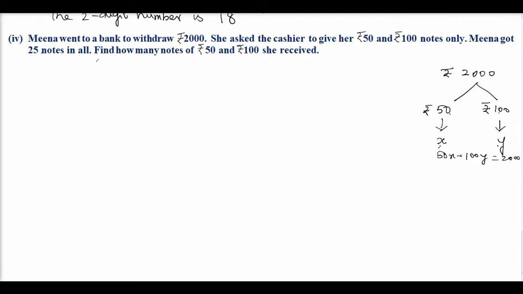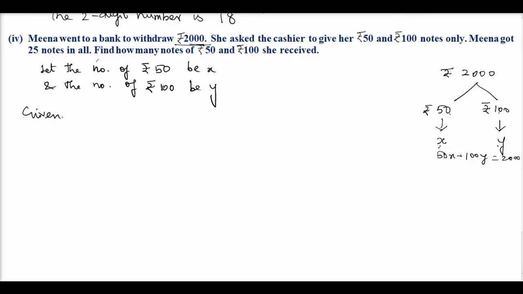So now let's make the assumptions. Let's assume that the number of 50 rupees notes is X and the number of 100 rupees notes be Y. Now we'll see the conditions given. So the total amount she withdrew is 2000, isn't it? So the first condition is she withdrew 2000 rupees in the form of 50 rupees and 100 rupee notes.